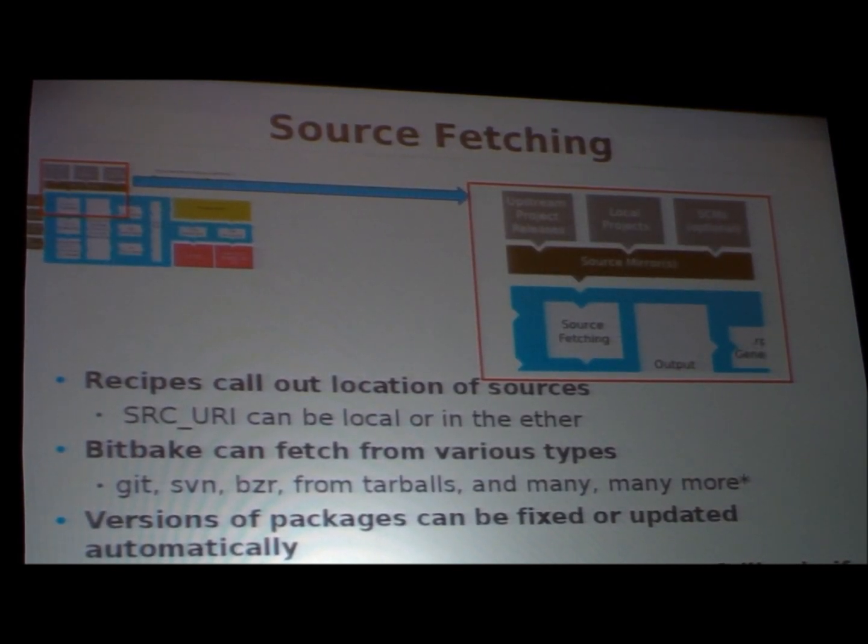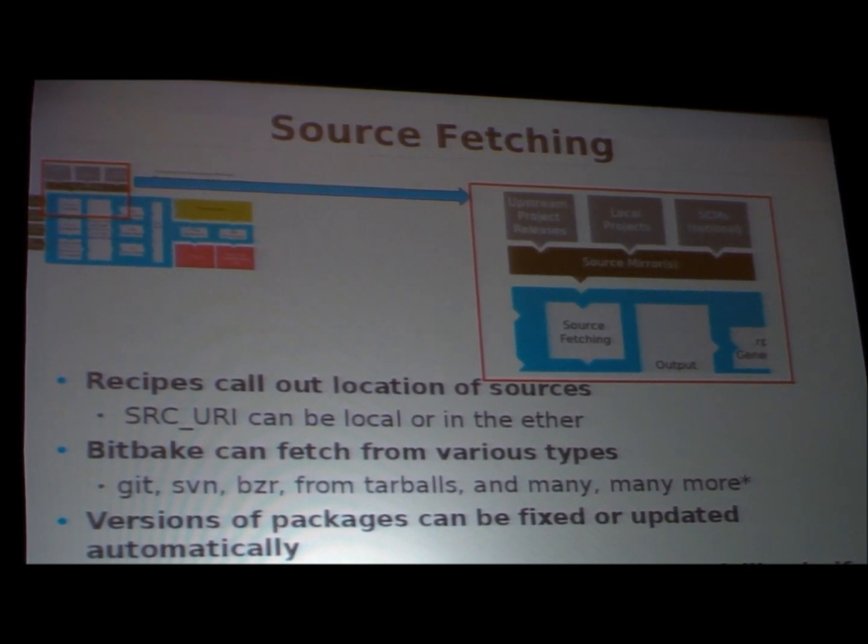So back into BitBake a little bit more. As I was saying, recipes can call out the locations of the source. The source URI can be local or out in the ether, and BitBake can fetch various types from Git, SVN, tarballs.